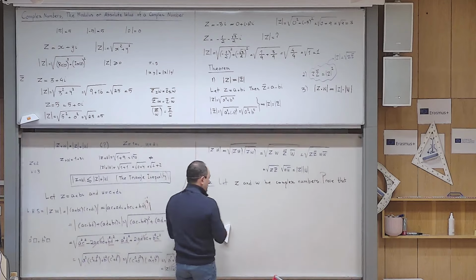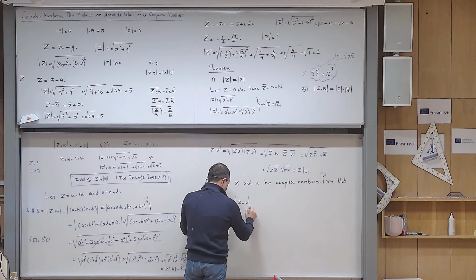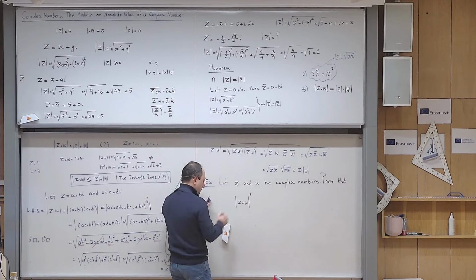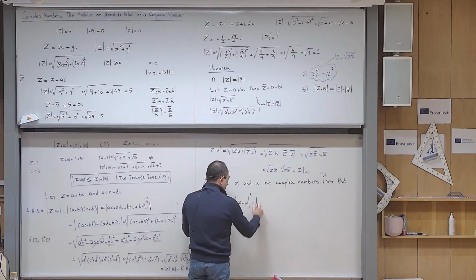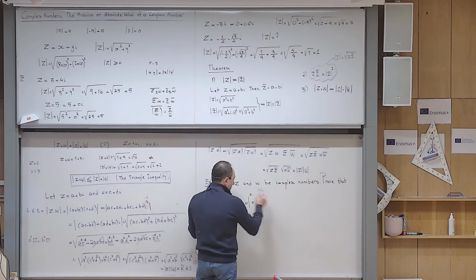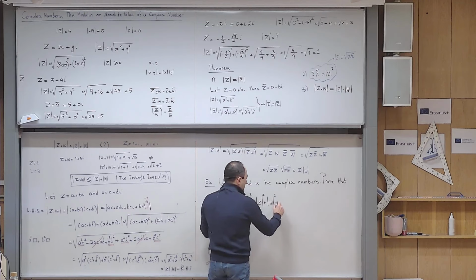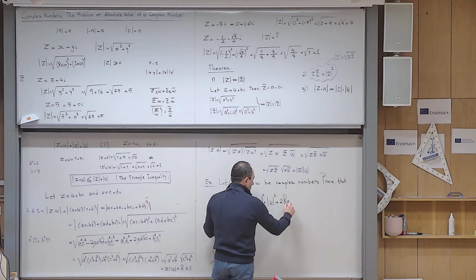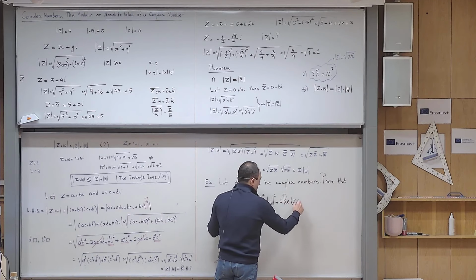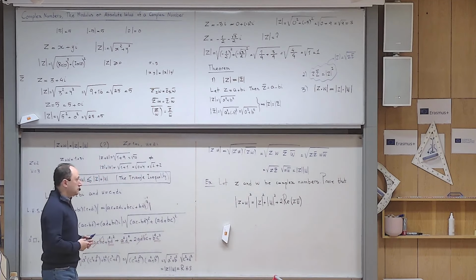I want to wait a little bit for you. It's not very hard, but if you find the way, hopefully you understand how to prove it. So I want to prove that absolute value of z plus w squared is absolute value of the first one squared plus the absolute value of the second one squared plus 2 times the real part of the first one multiplied by the conjugate of the second one. So this is what you want to prove.